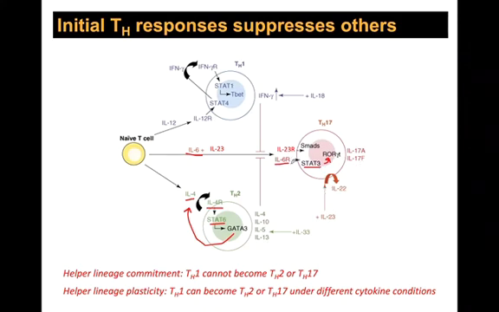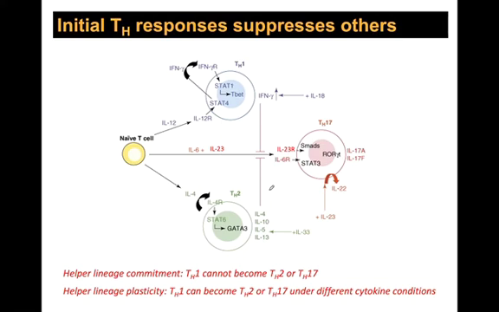IL-23 will reinforce this pathway, reinforcing ROR gamma T. So interferon gamma from Th1 cells will shut off both Th2 and Th17. IL-4 from Th2 cells will shut off Th1 and Th17. But Th17 cells are sort of the ones that don't care. They're not really competitive, so they're going to do their own thing. They don't really try and inhibit anybody else.